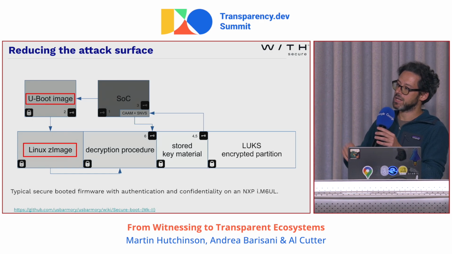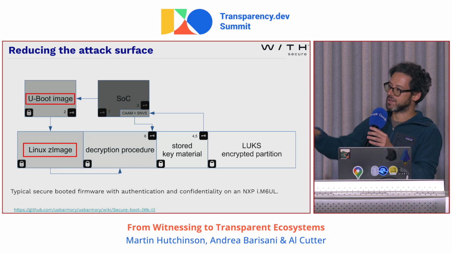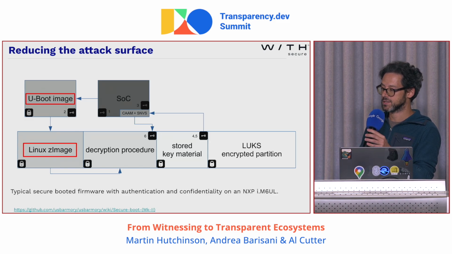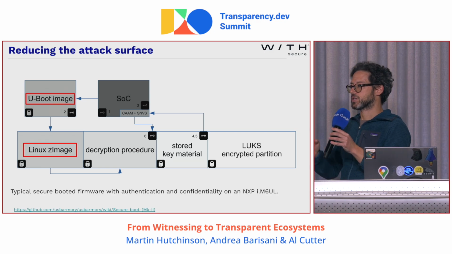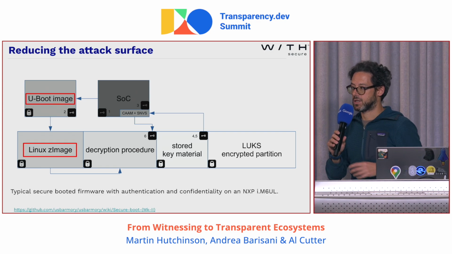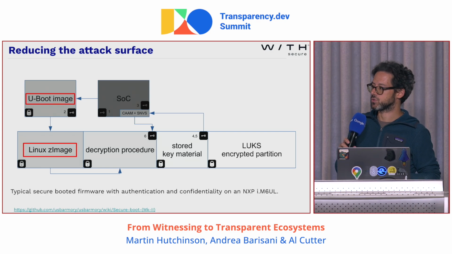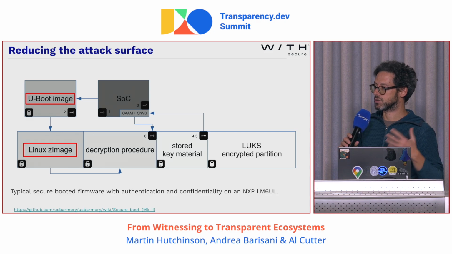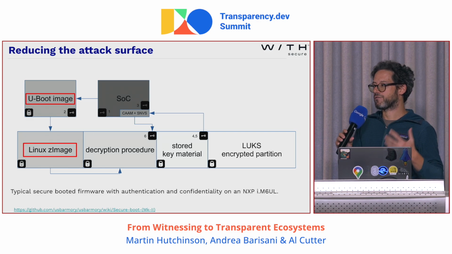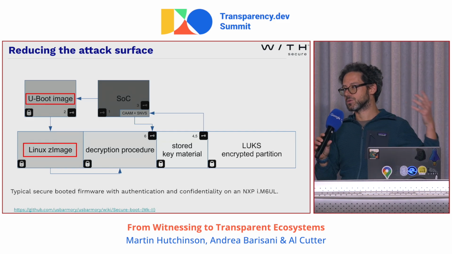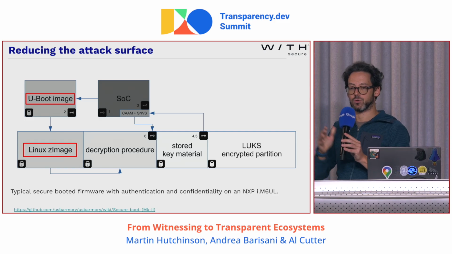There are many, many dependencies that are involved in setting up all of this chain of trust. The bootloader, Linux, as we know, especially the bootloader part written in C, so languages which, as we know today, are not considered very safe in terms of security. We found many CVEs, and of course, many others found many CVEs on U-Boot.